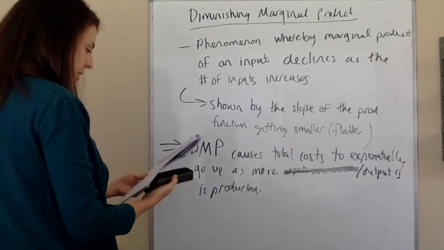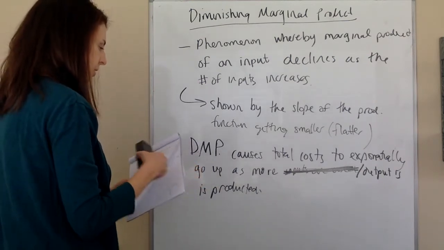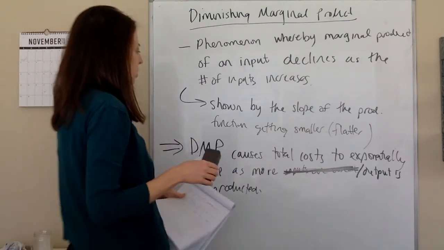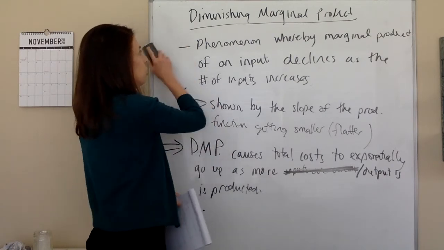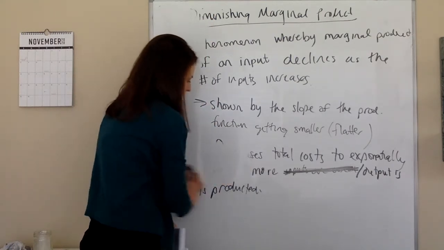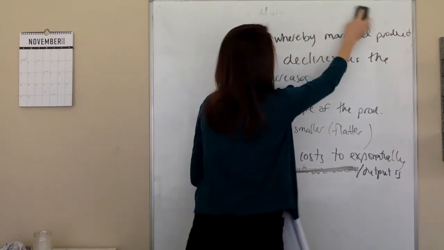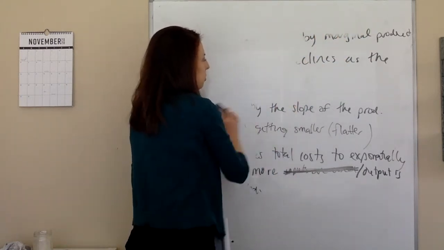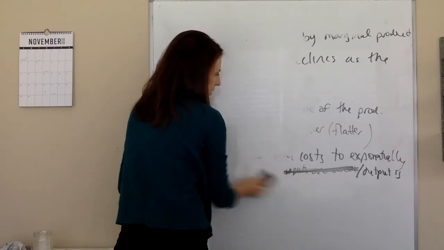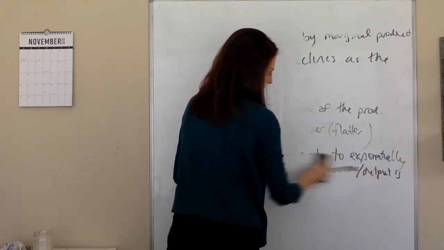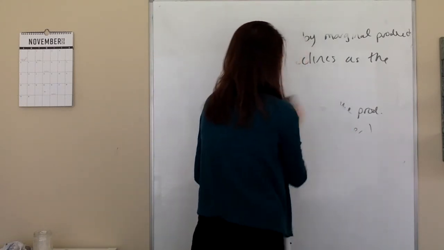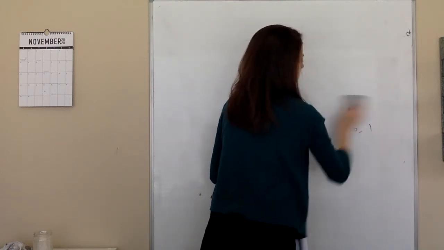Okay, so that's going to bring us to kind of the last concept of the day, which is the total cost curve. Okay, a total cost curve is pretty intuitive. The idea is we want to plot the relationship between outputs, this thing over here, and the firm's total costs.